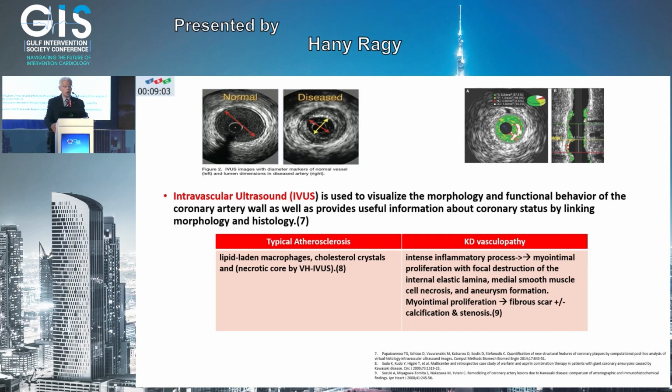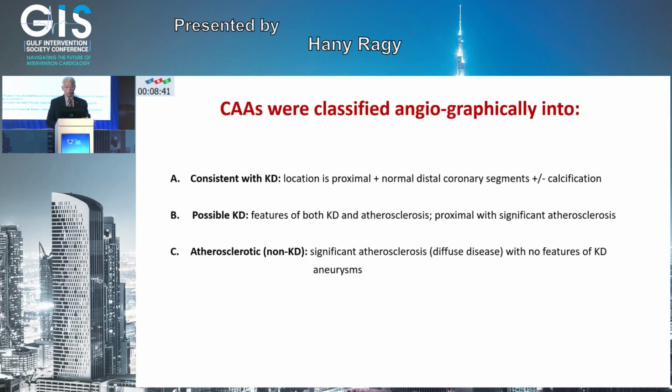You can see the IVUS images on top, and the explanation at the bottom, where in typical atherosclerosis you get the typical atheroma, while in Kawasaki you get some fibrosis, possibly some calcification, but you don't get those atheromata. So you get the aneurysm, a lot of thrombi, but no real atherosclerosis inside.